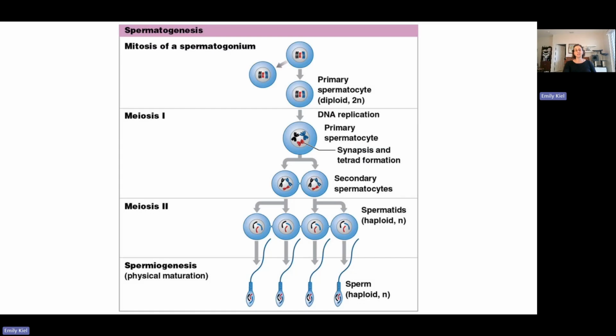So spermatogenesis is going to be, how do we get this gamete to a sperm? So the spermatogonium, that is the stem cell, and this stem cell is in the seminiferous tubules. The spermatogonium will undergo mitosis and create a primary spermatocyte.